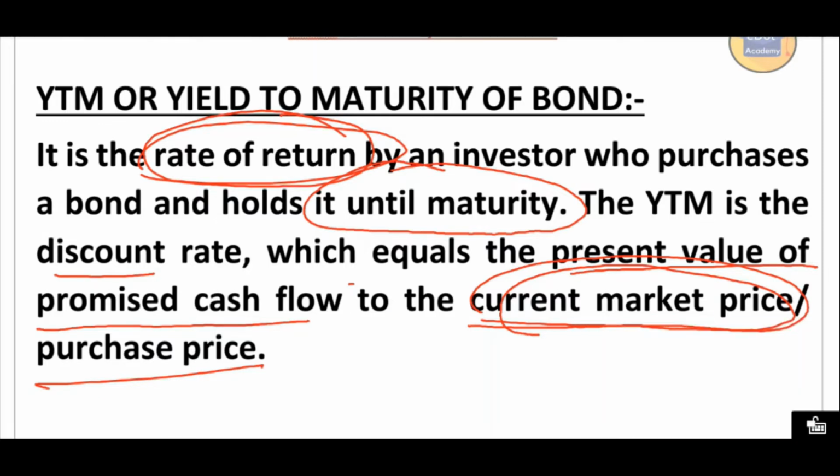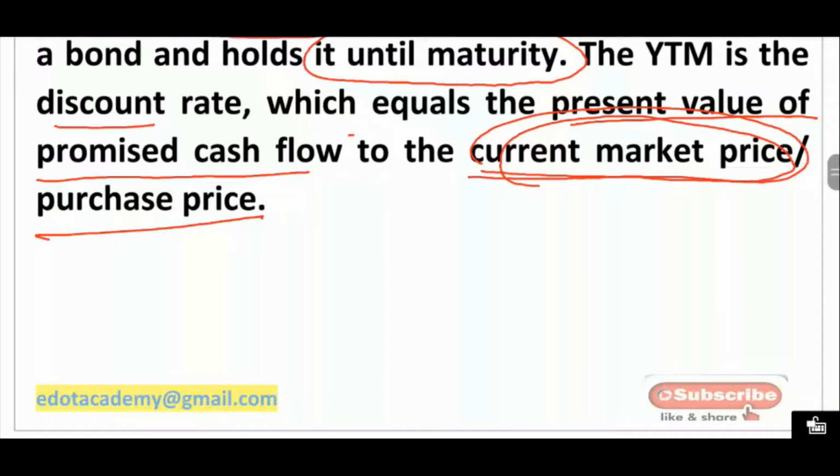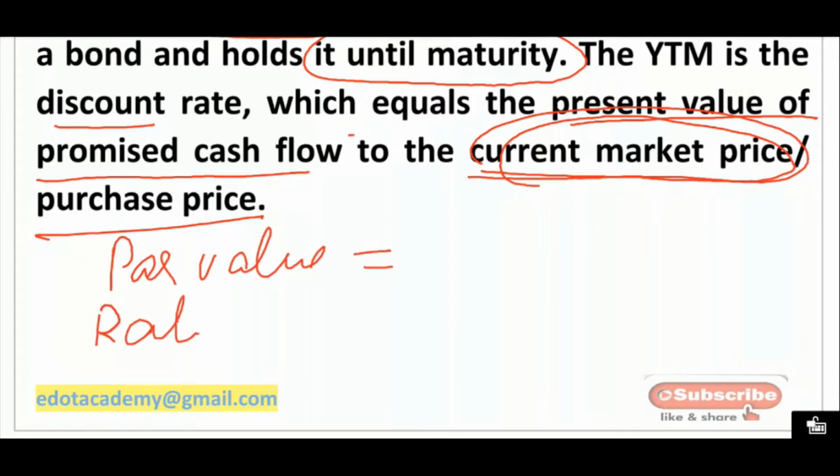So I'll clarify once a little bit more. In any bond, three things are compulsory. Number one, par value must be given, and rate of return of market must be given, and one more, coupon rate is compulsory.